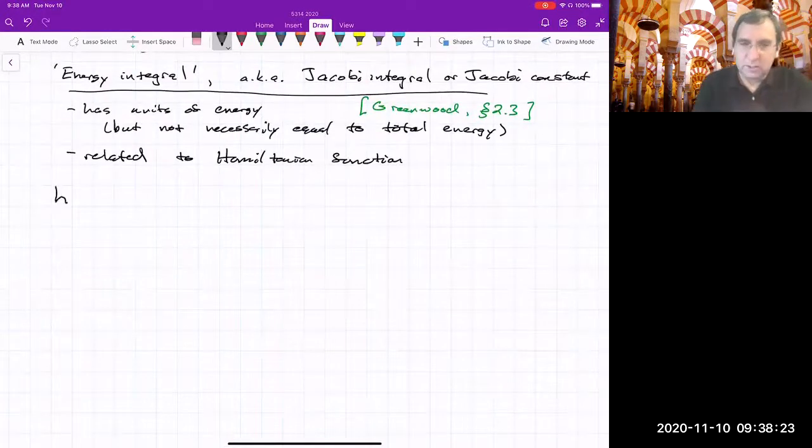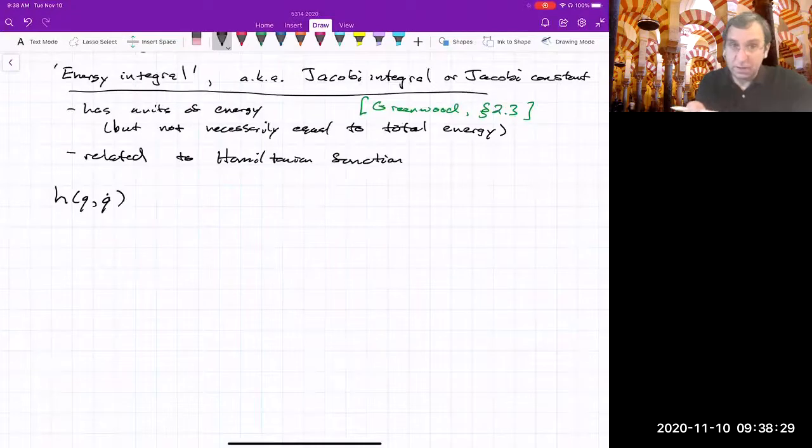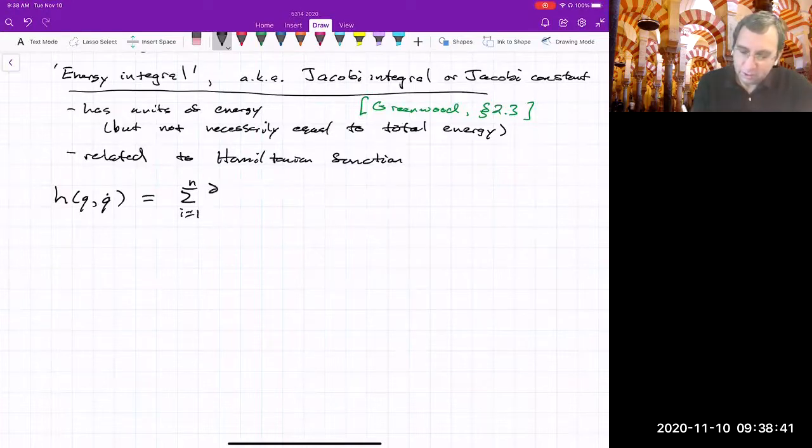So often we use the symbol little h, and it's a function of the q's and the q dots, right? There's n of each of these. So this is a function of 2n variables, and it is equal to a sum over all of the generalized coordinates. You take partial L partial qi dot times qi dot.